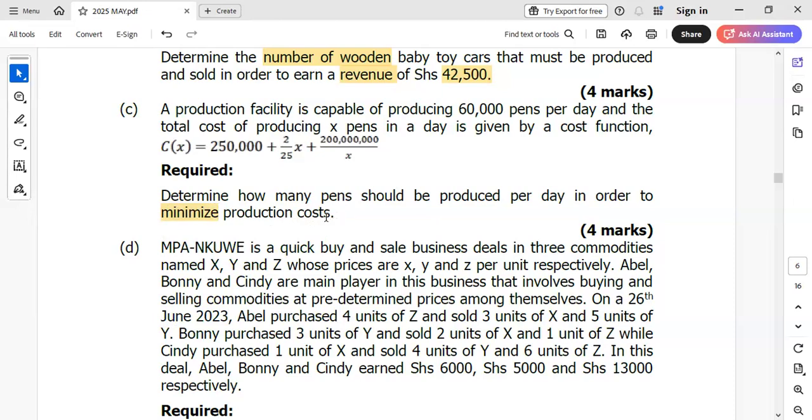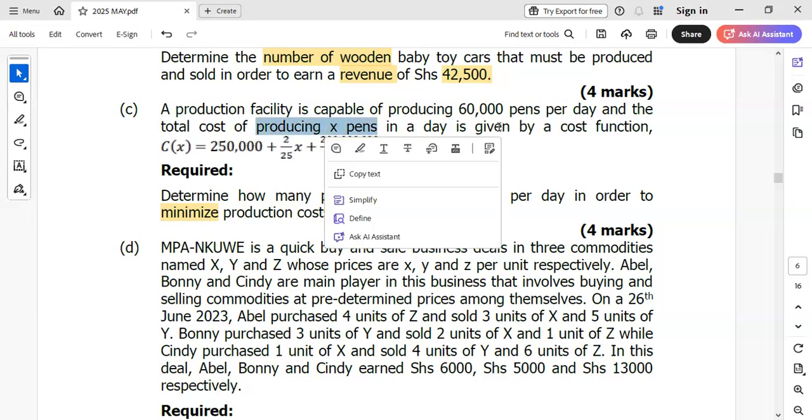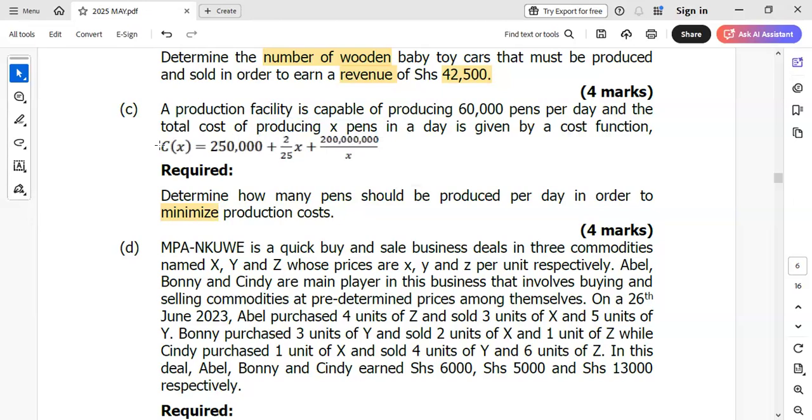Now here you're dealing with costs. What are you given? We are told that a production facility is capable of producing 60,000 pens per day, and the total cost of producing x pens in a day is given by a function, this.